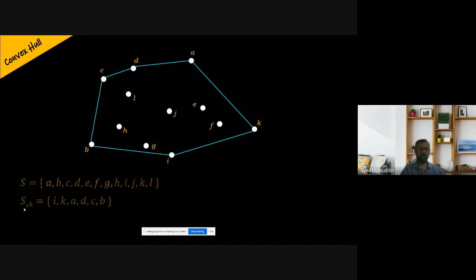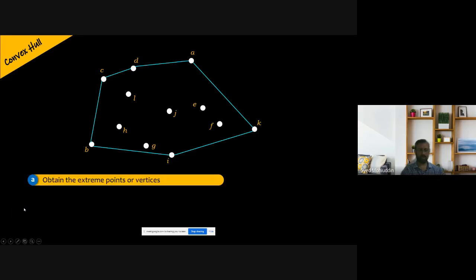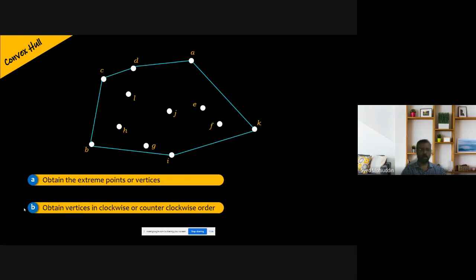So these points become the convex hull. Now let us look at the solution for this. To solve this problem, we need to obtain the extreme points, or we can call them vertices also. And there are two approaches. From one of the extreme points, we can start in a clockwise or anti-clockwise direction. It's like a thread, or like a rubber band.